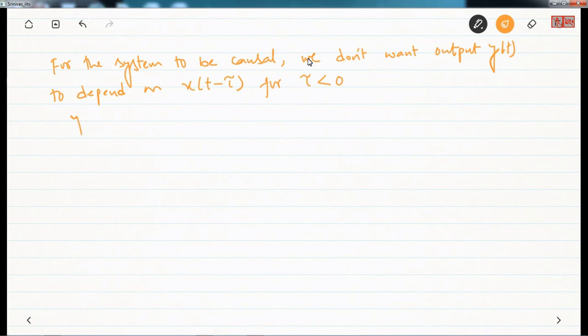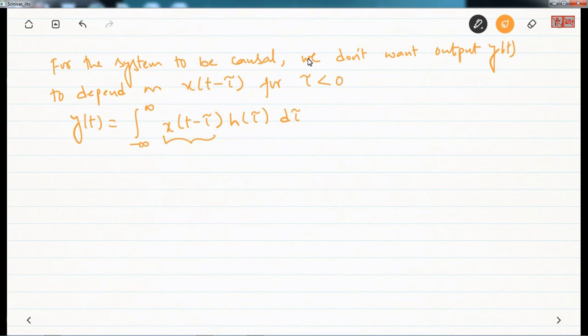See the equation. I'm again writing it: the integral from minus infinity to plus infinity of x of t minus tau h of tau d tau.